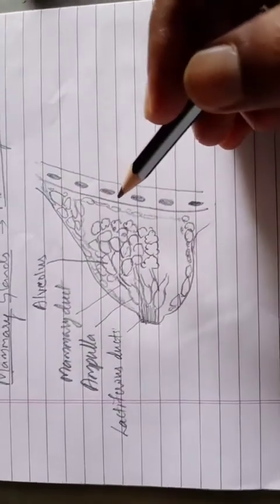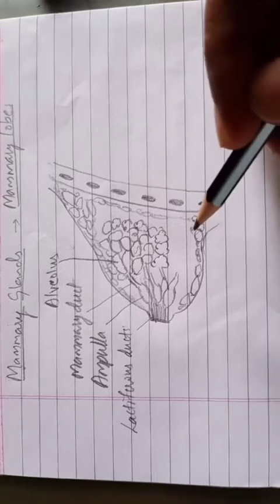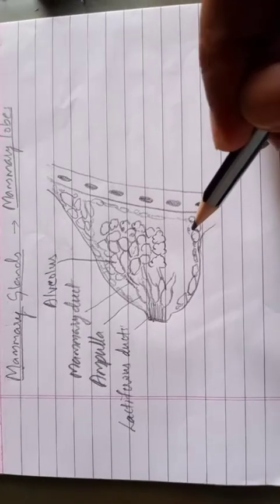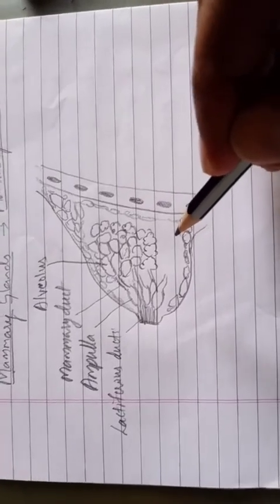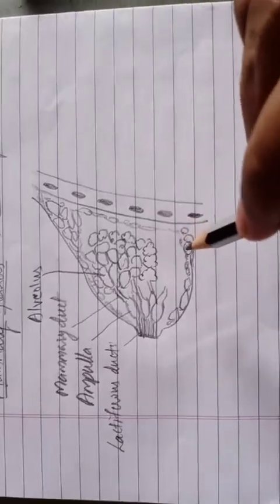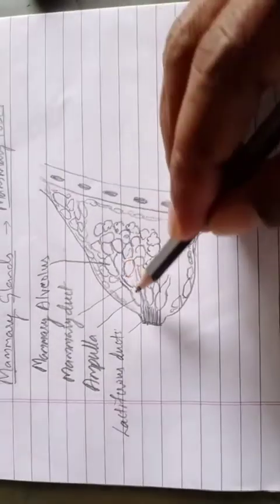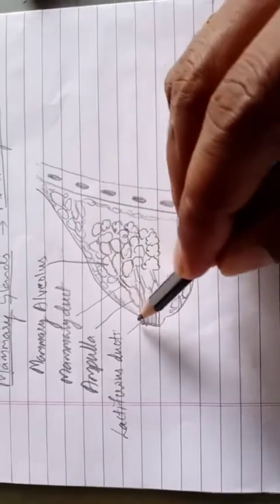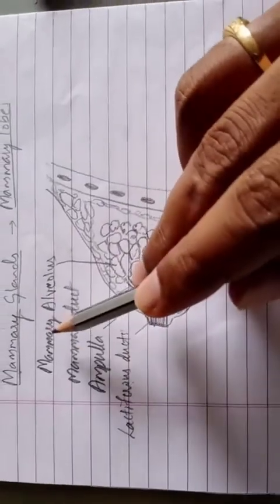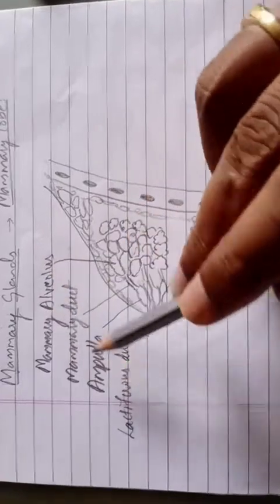Alveolus is the singular term, and if there are many, alveoli. You can say lactiferous alveoli, or mammary alveolus. So we can refer to it as mammary alveolus. Next, this single structure from lactiferous ducts to mammary alveolus.